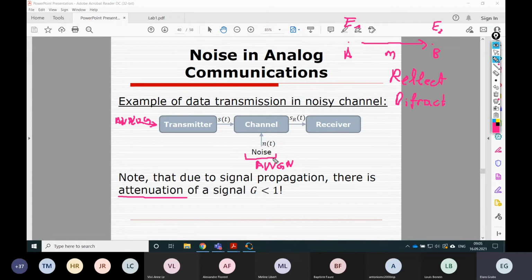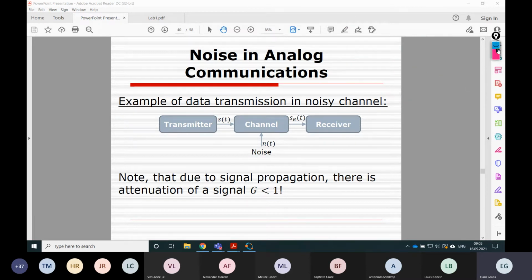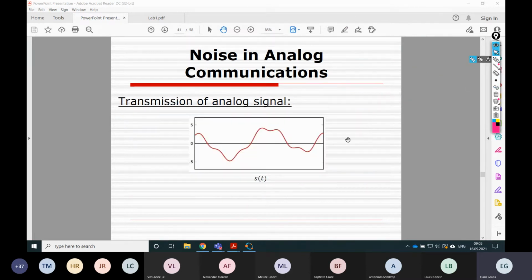And on top of that, we also have noise. So attenuation is smaller than 1. So basically our signal is being reduced in its amplitude. And on top of that, we add the noise. So how does it work? Imagine we have initially this signal, which we'd like to send.